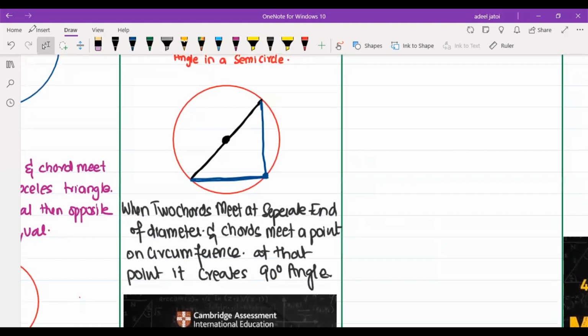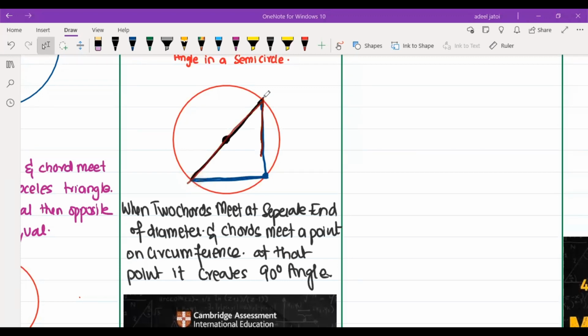If you just notice one particular thing, this is your semicircle. And in the semicircle, you are connecting two chords at a point on the circumference. Those two chords are also meeting at two separate points on the diameter, right?